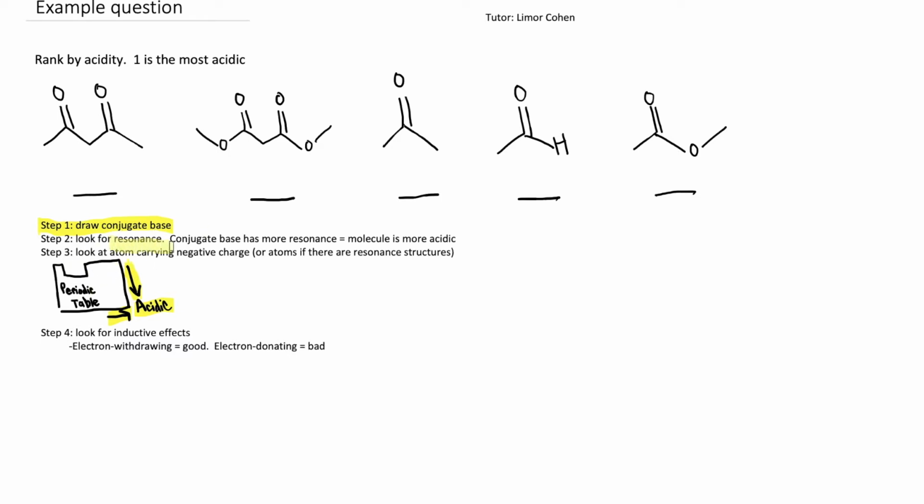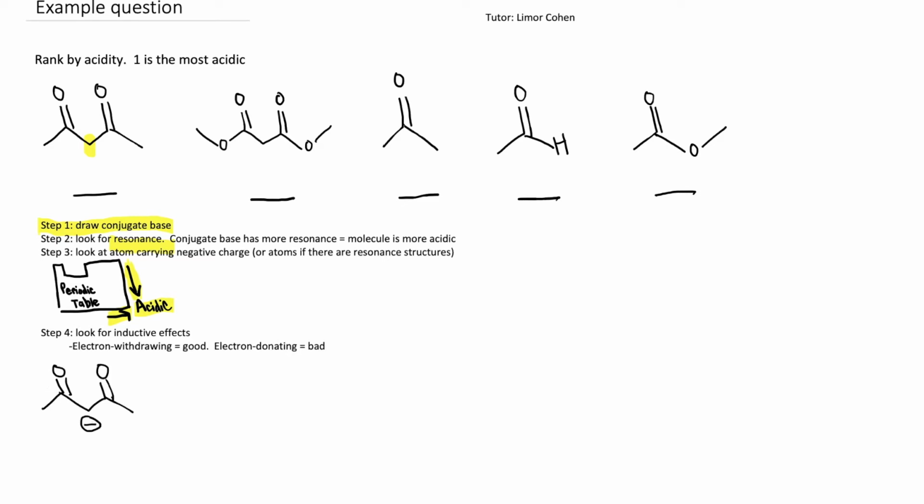Resonance is actually something that can make our conjugate base very stable because resonance is a delocalization of charge. More delocalized charges are more spread out charges, and more spread out charges are more stable. So for example, let's look at this molecule on the very left. If I were to deprotonate this hydrogen, this alpha hydrogen in the middle of these two carbonyls, let's look at what that conjugate base looks like.